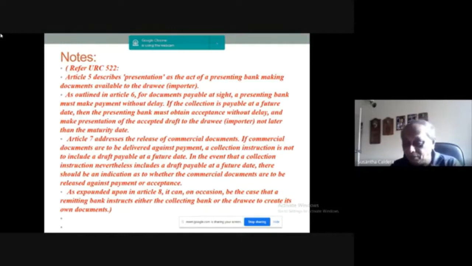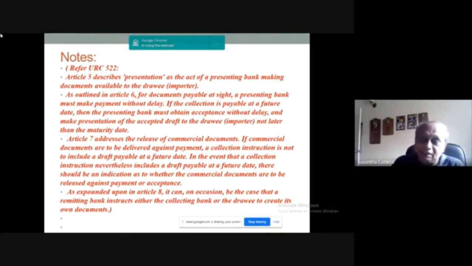So once we have prepared the letter of undertaking and released the documents, and later the remitting bank says, that is not the document I need, it is not a legal document, the collecting bank can't do anything. They have done the correct thing.